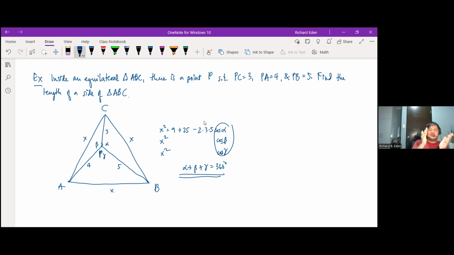But what do we observe about 3, 4, 5? A Pythagorean triple. It was not a coincidence. So maybe there's a hidden right triangle because of the 3, 4, 5.